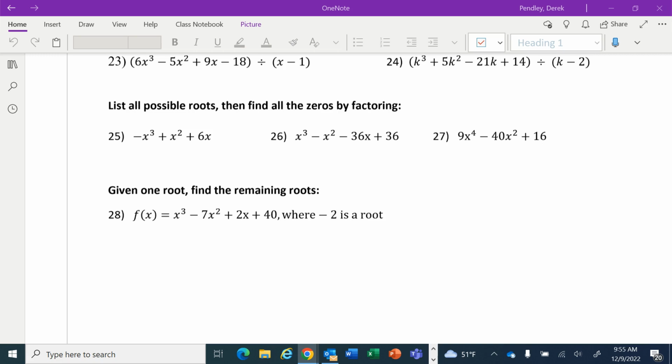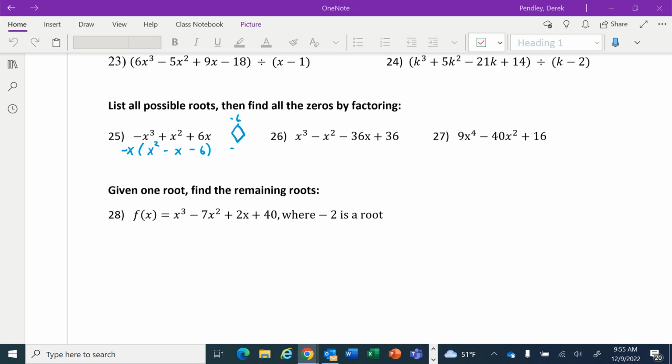So if we do that, if we end up factoring out a negative x, we're left with x squared minus x minus 6. You might be asking, why did you factor out a negative x and not just an x? Because I want to use the diamond method if at all possible. And in order to do that, a has to be positive 1. So in this case, if I have negative 6 on top and negative 1 on the bottom, those factors are negative 3 and positive 2.